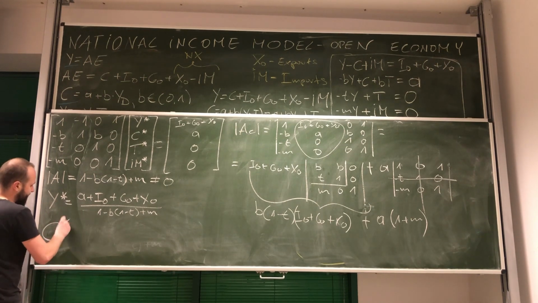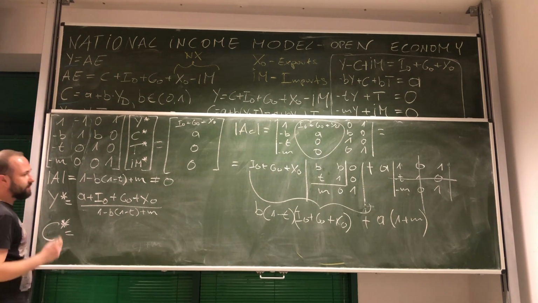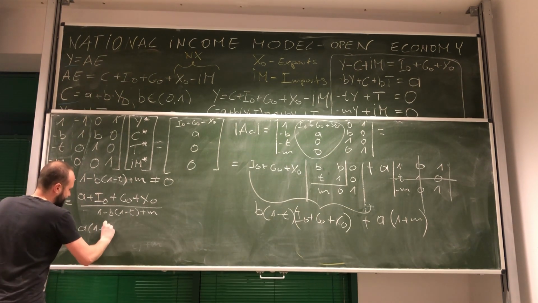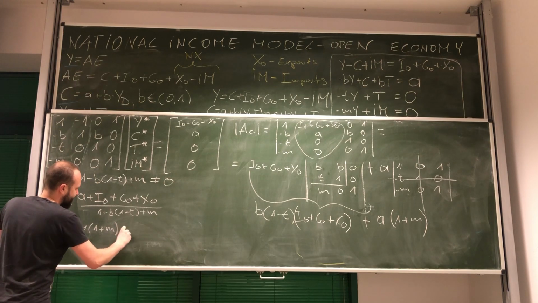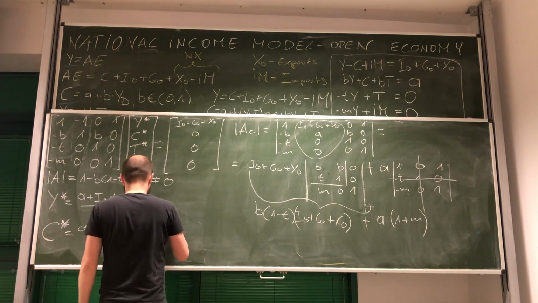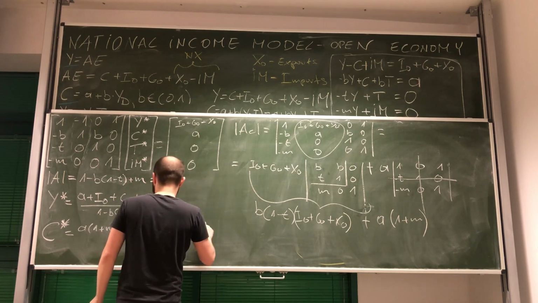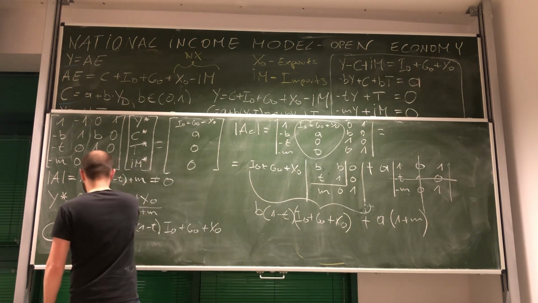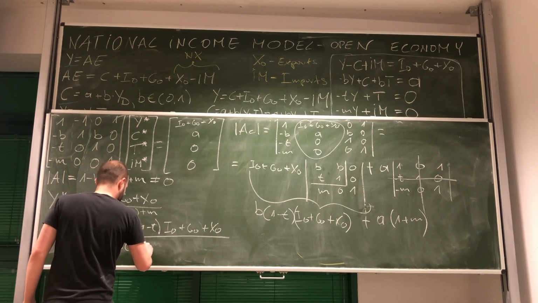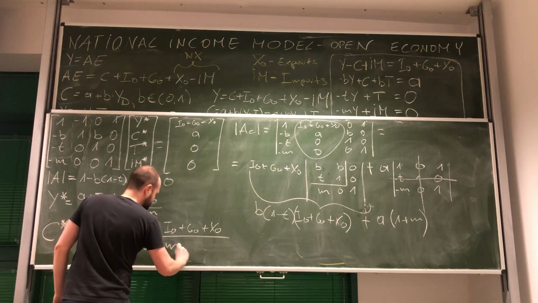So we've got that C is A times 1 plus M plus B times 1 minus T, I0 plus G0 plus X0, all divided by 1 minus B times 1 minus T plus M.